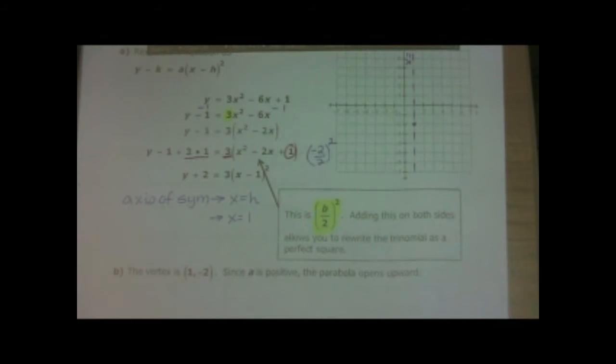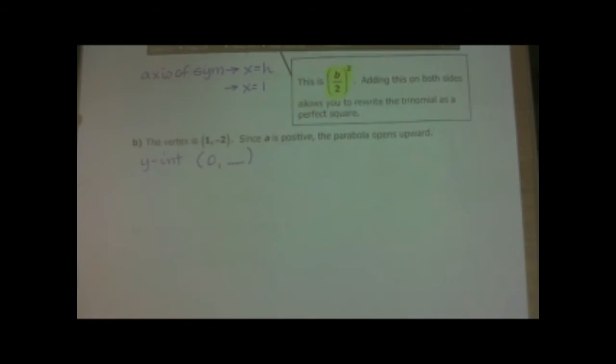So now I need to find my x and y intercepts. So we have a lot of room at the bottom of the page to do this. So find my y-intercept, which is the point 0, y. So put 0 in for x. So I've got y plus 2 equals 3 times 0 minus 1 quantity squared. 0 minus 1 is -1.